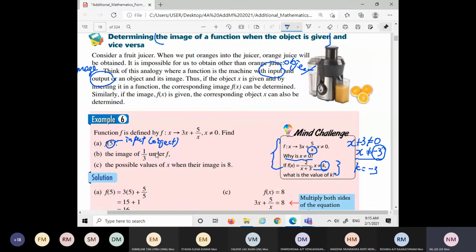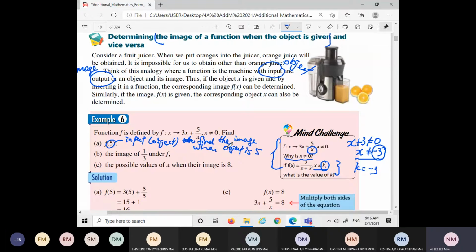This is the meaning: find the image when object is 5. If the question asks in words, this will be the sentence: find the image when object is 5, or f(5). So very simple.